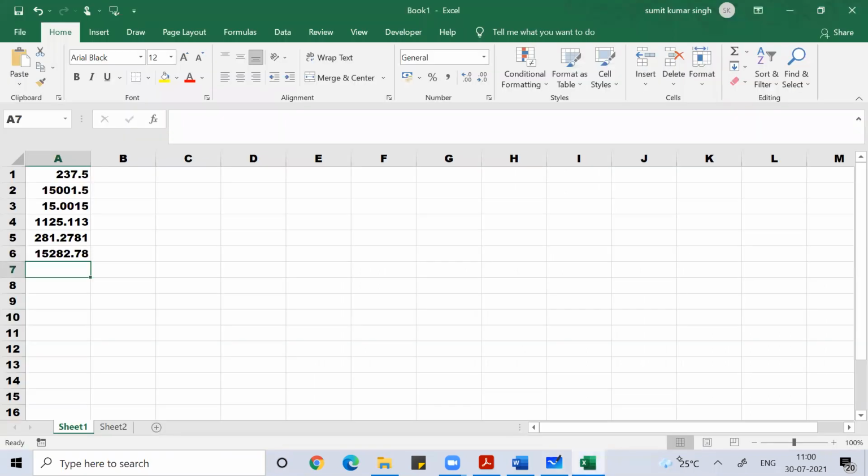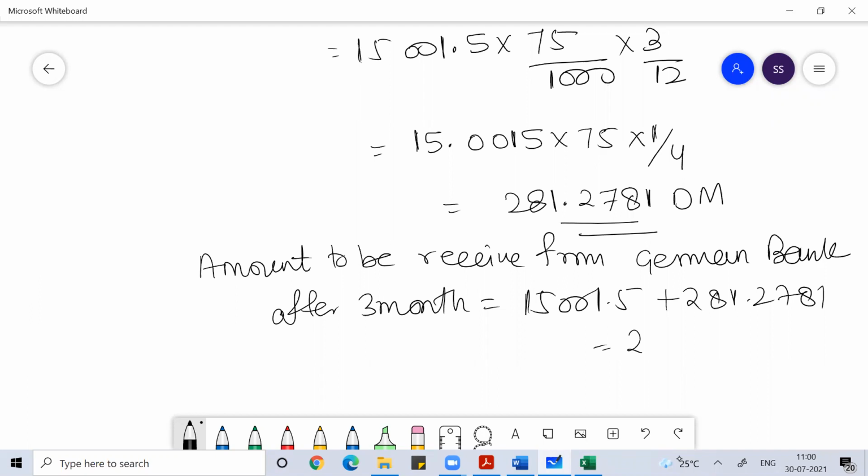So I'll get 15,282.78 Deutsche Mark. So this is the amount I received from the German bank after 3 months.